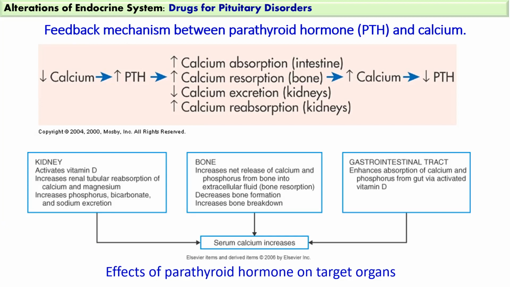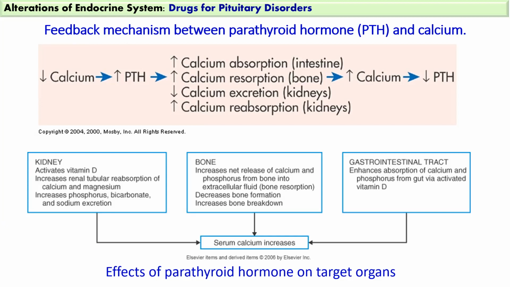When calcium is very low, lower than about 8.5 or 9, that's hypocalcemia. Hypocalcemia stimulates the parathyroid glands, the four tiny glands at the back of the thyroid, to produce the parathyroid hormone.